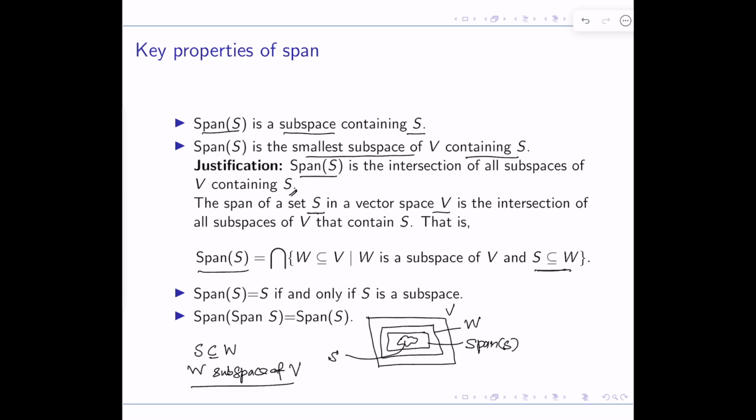For a moment, let's say I give you this structure, which is V, and this is my W and this is my S, and this is span S, and this is my tiny set S. But this case does not arise, because if you take the intersection, span S is then outside of W. So this case does not hold.